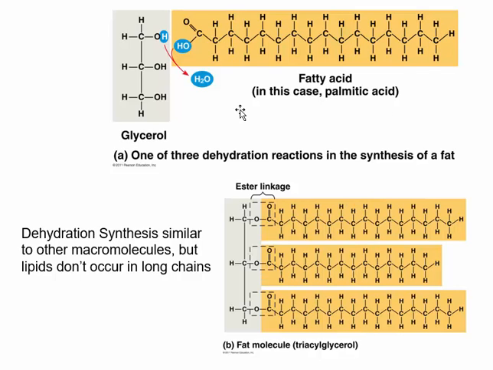The other thing I want to point out here is this is where we see some similarities to our other macromolecules, where we have a dehydration synthesis reaction here, where we're taking this glycerol, this is a 3-carbon molecule with these OHs on it, and we're attaching this fatty acid. Why is it an acid? Here's that carboxylic acid group. And we're losing a water, so it's dehydration.